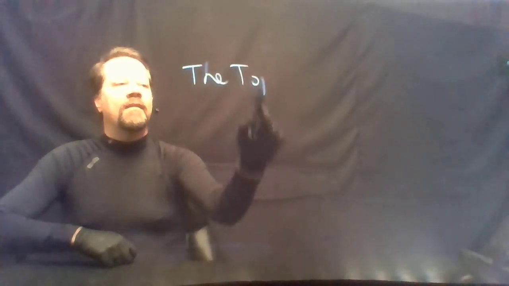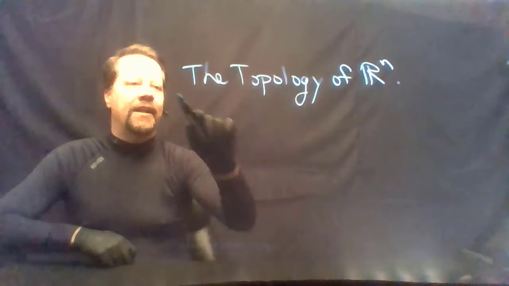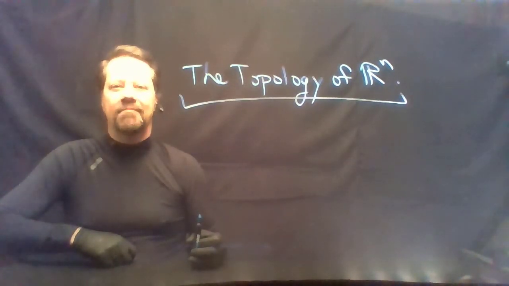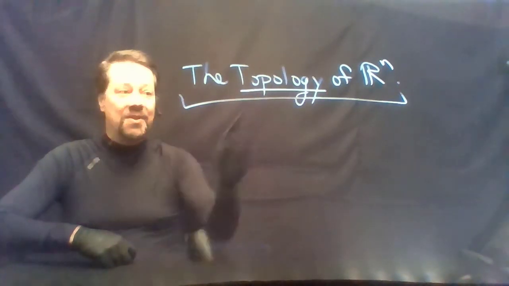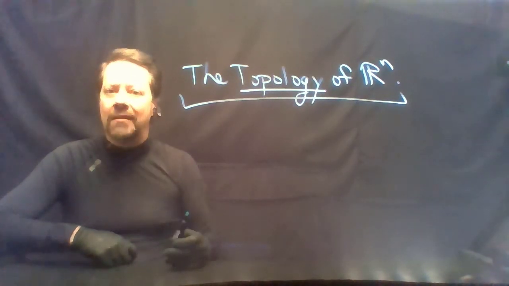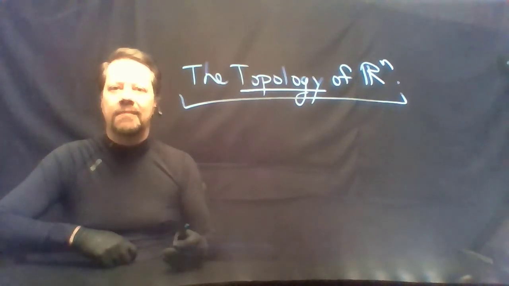Before getting too deep into our theory of limits, we have to talk about the topology of Rn, and in particular the usual topology of Rn. This may be a new word for you. Sometimes students misconstrue this word as being like topography, which is not what this is about at all.